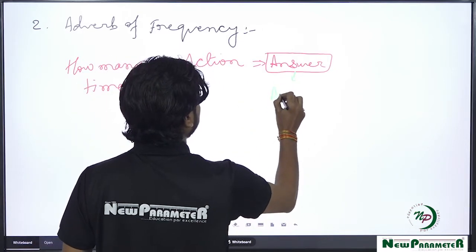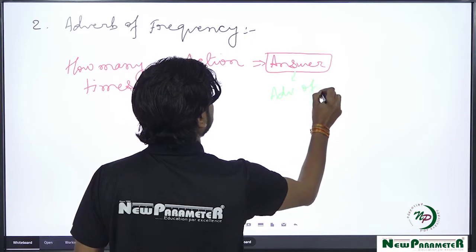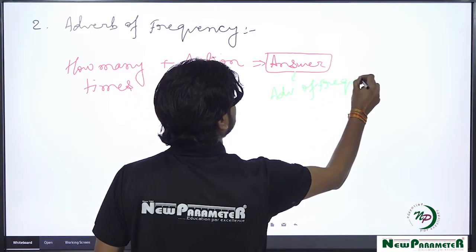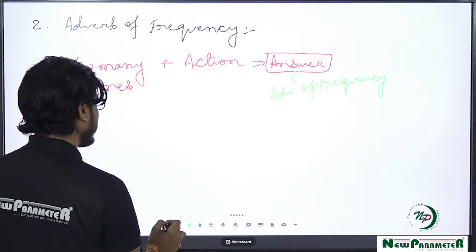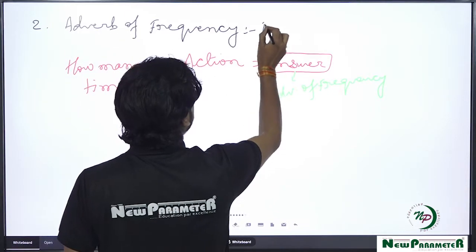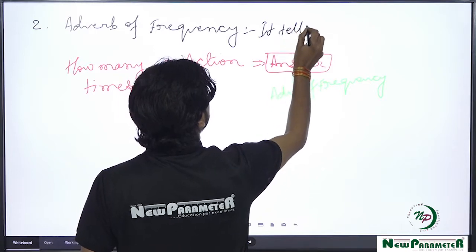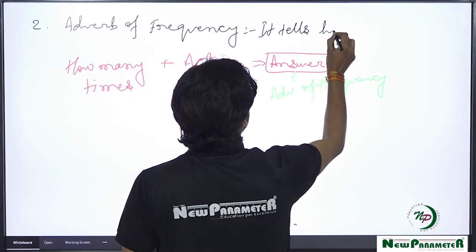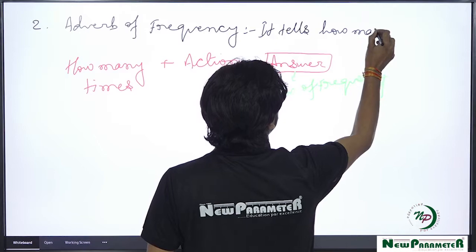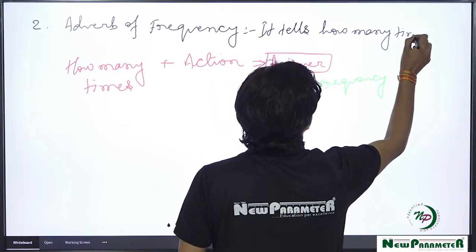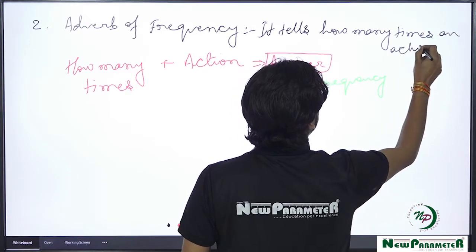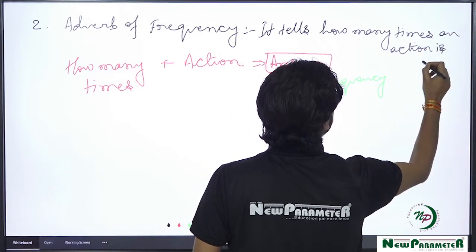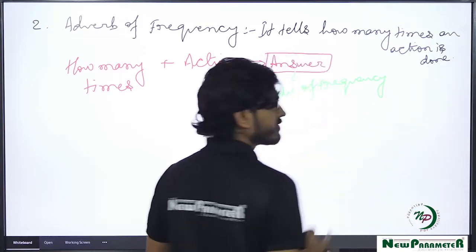An adverb of frequency. So now we can define adverb frequency also. It is what? It tells how many times an action is done. It is very easy.